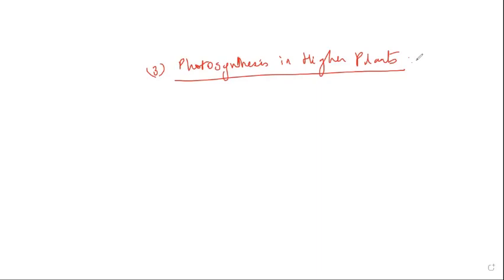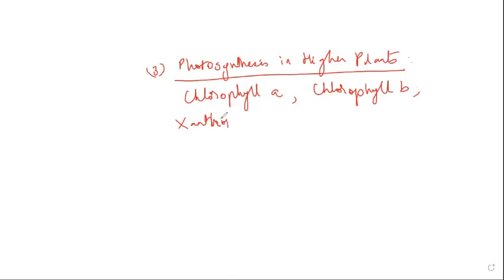It takes place in the chloroplast through light and dark reactions using four very important pigments: chlorophyll, as all of us know, chlorophyll A, chlorophyll B, xanthophyll, and carotenoids.